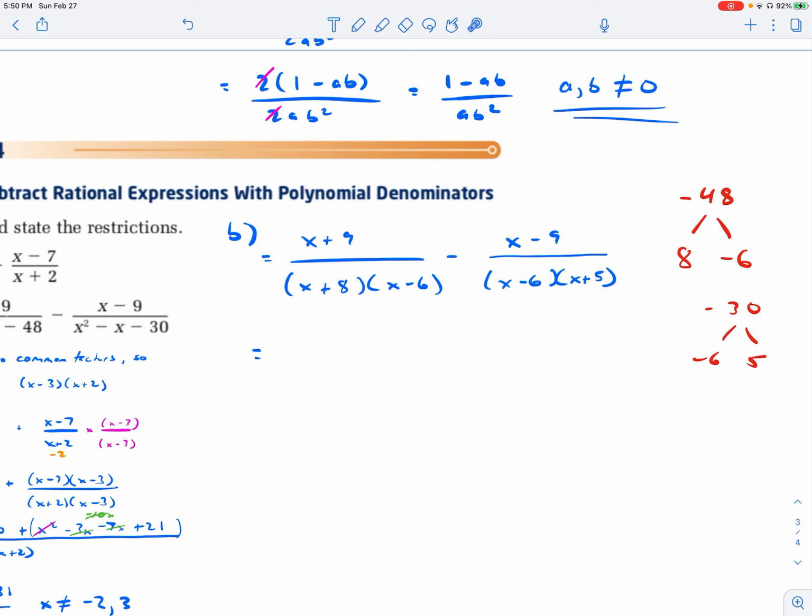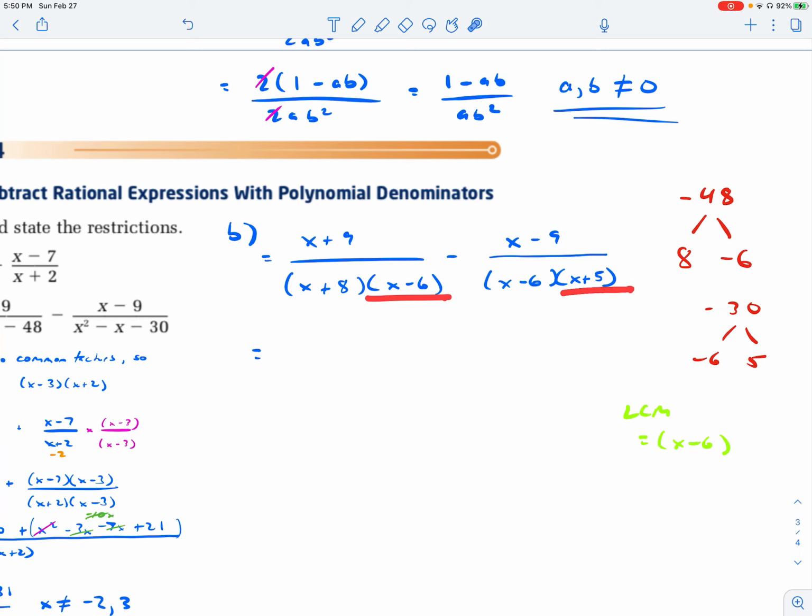All right, so we can see here, because it's factored, they each have an x minus 6. So my lowest common multiple should have an x minus 6 in it. Okay. And now, what else will I need so that everything's going to look the same? Well, I can see one of them has an x minus 6, the other one has an x plus 5.